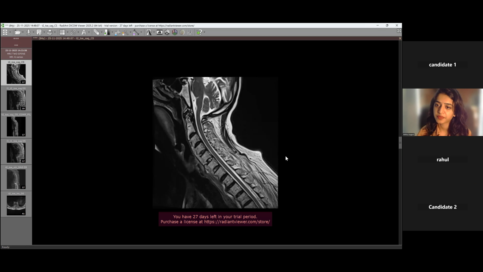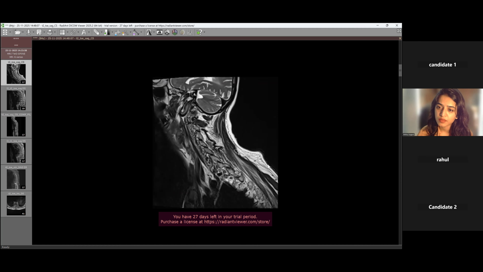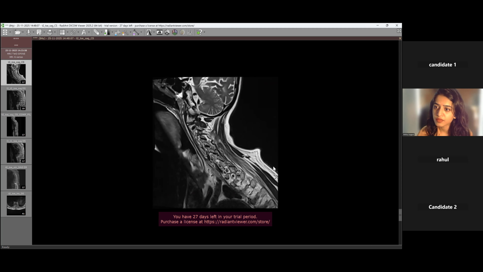All right. So this is a cervical spine sagittal T2 weighted image. Here I'm seeing large bridging osteophytes anteriorly. Trying to scroll, it is not moving.